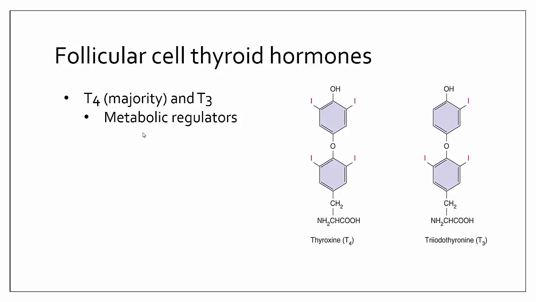T4 is also known as thyroxine, and T3 is also known as triiodothyronine, but you are perfectly welcome to use T4 and T3. Now, they're kind of funny. We're going to basically treat them the same in class. T4 and T3 do the same thing, but there is way more T4 than T3 in your body.